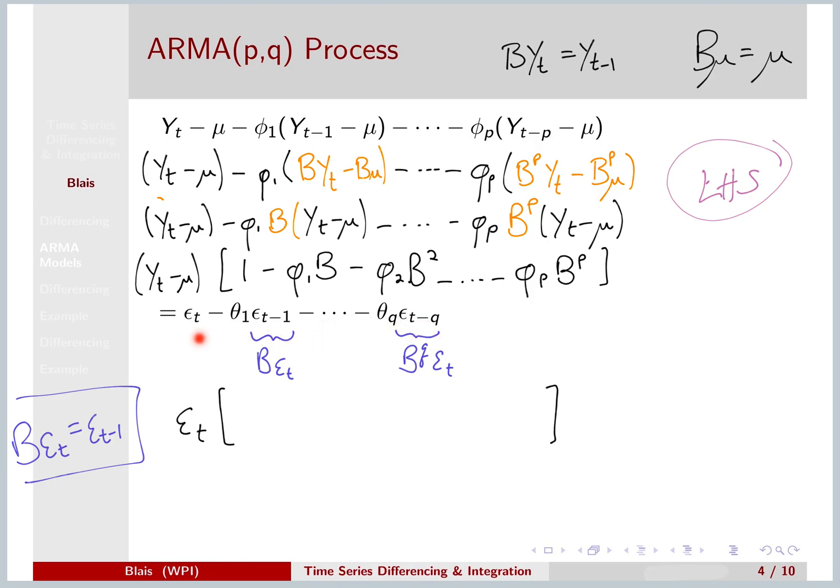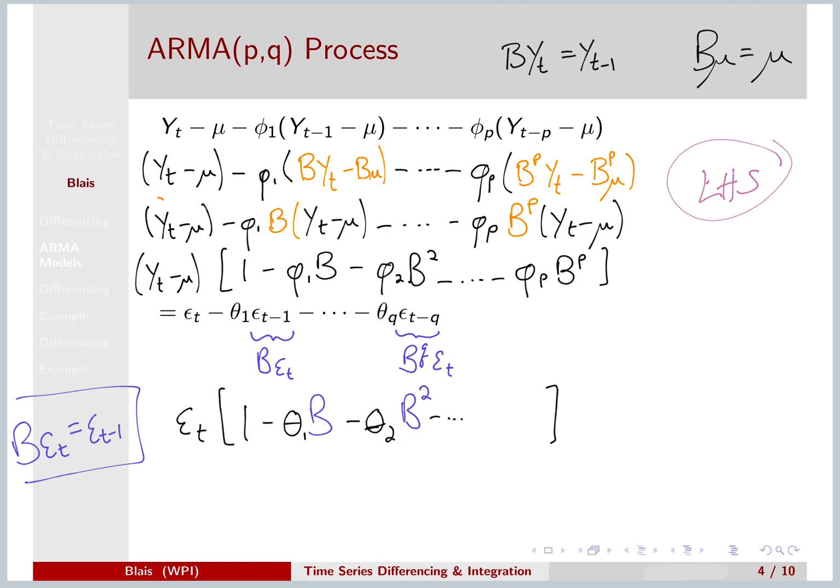Inside we are left with a 1 for that epsilon t, and we have a negative theta 1 B. And we have a similar term for the second term, a negative theta 2, but this time we will have B squared.